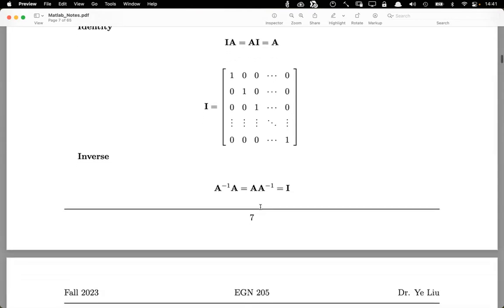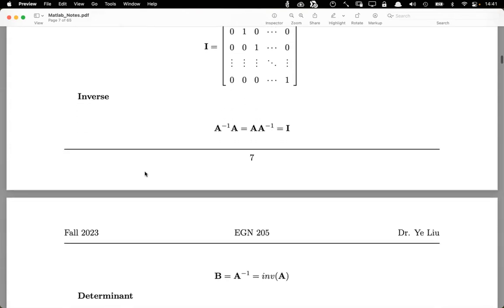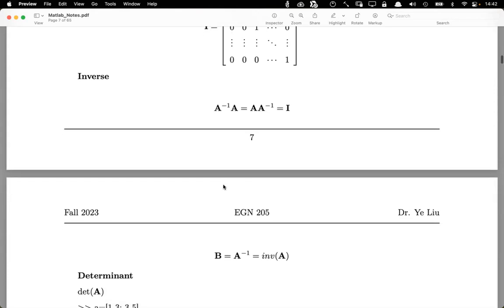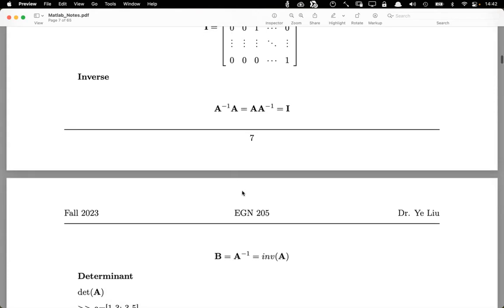For this one, only a square matrix can have an inverse matrix. Not all square matrices have an inverse matrix. You learned this in mathematics, right?